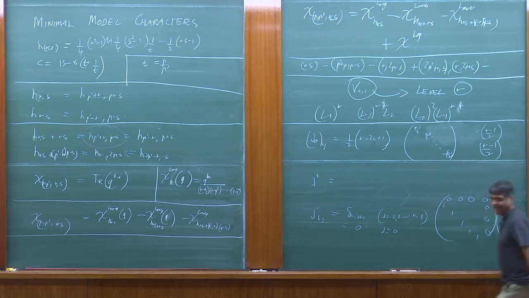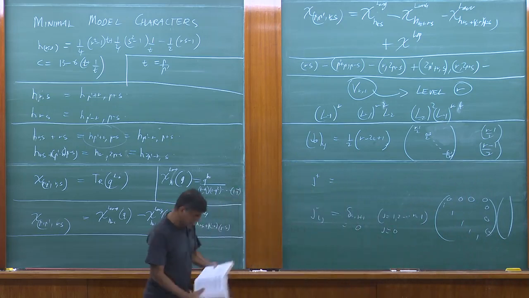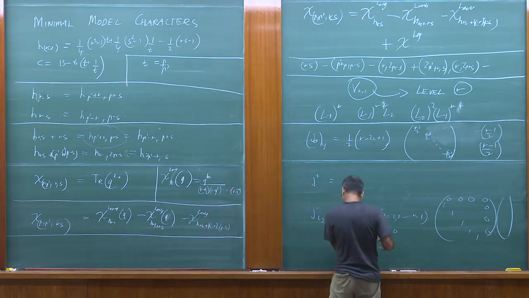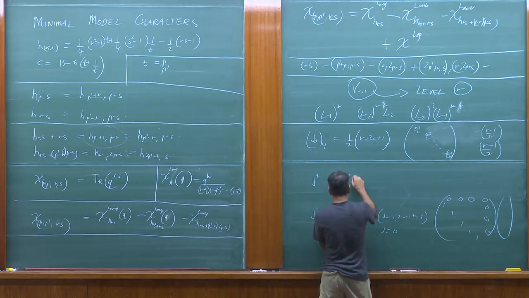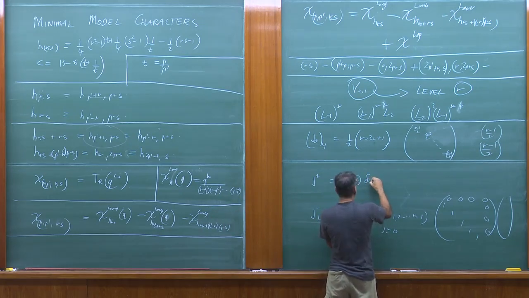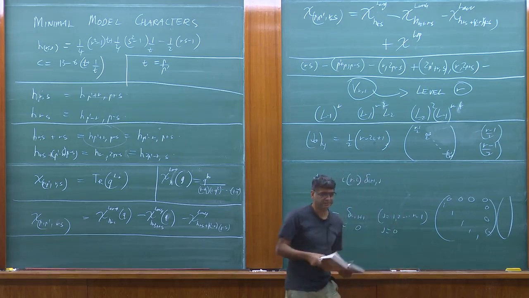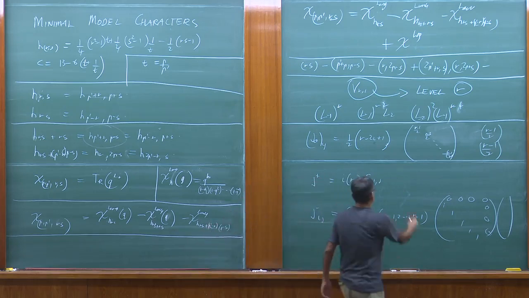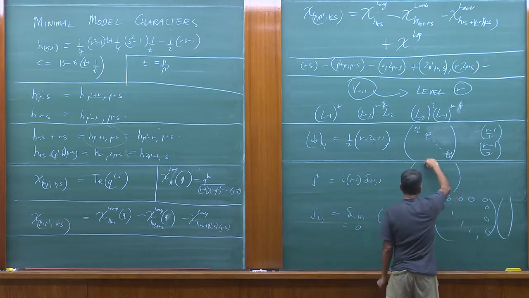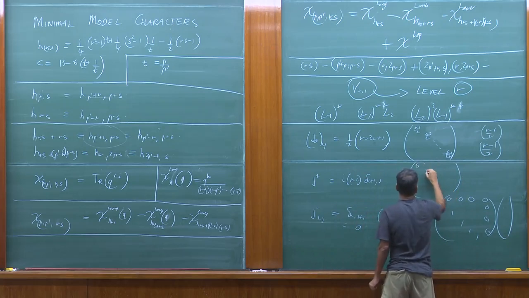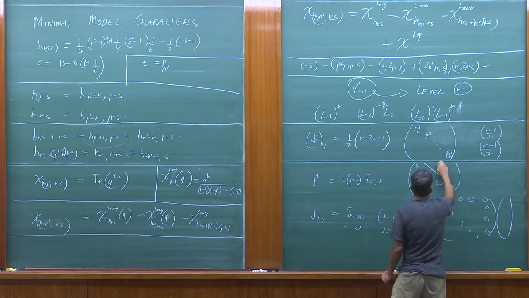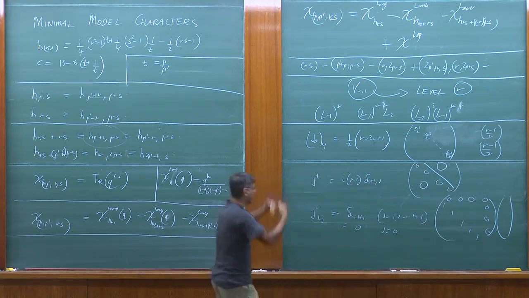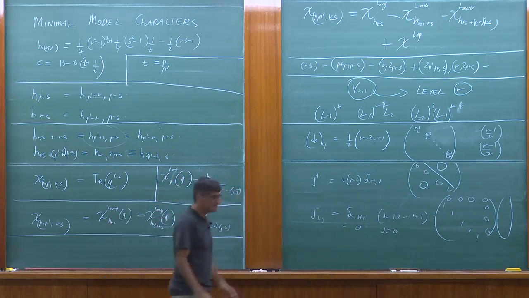Okay, and finally, we take this J plus, equal to i into delta i plus 1 j. So first thing to say about this J plus is that its elements are non-zero only here. It's one away from the diagonal, as in the usual J plus.